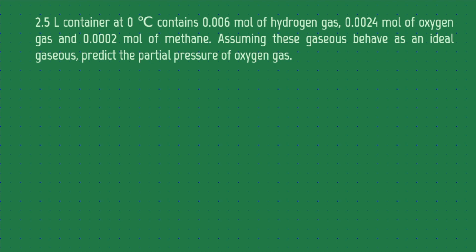To answer this question, the first thing you need to do is calculate the mole fraction of oxygen gas. The mole fraction of oxygen gas is equivalent to the number of mole of oxygen gas divided by the total number of mole.